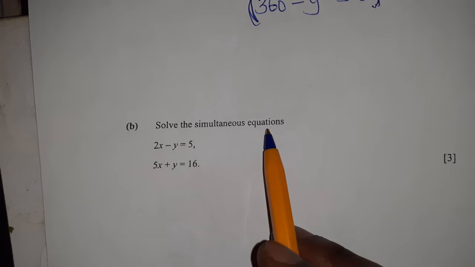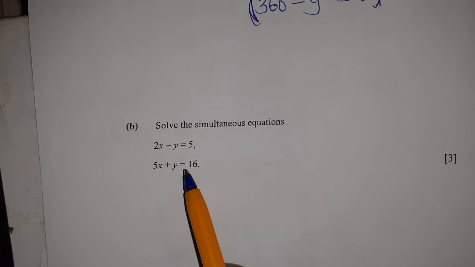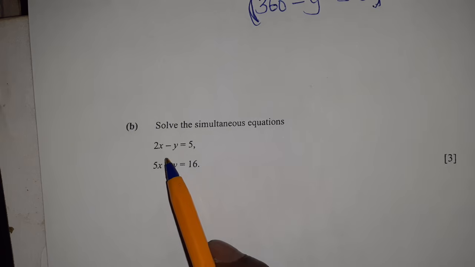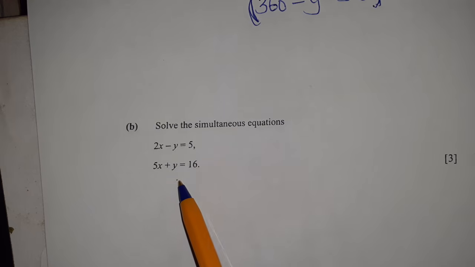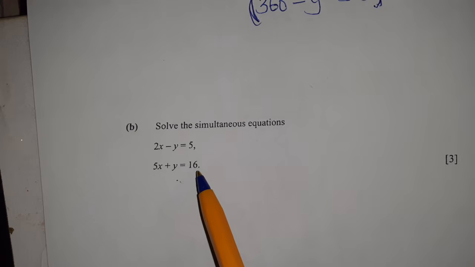Solve the simultaneous equations here. How do we solve the simultaneous equations? Commonly, we use the elimination method, where we eliminate one of the variables, it could be x or y. To determine which one should be eliminated, we first look: do we have a variable that has the same coefficient regardless of the sign?